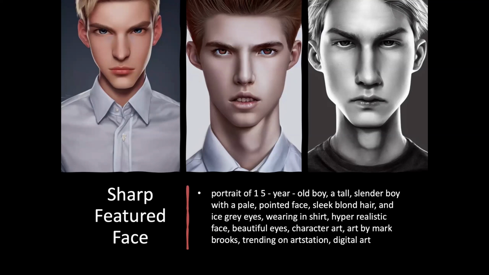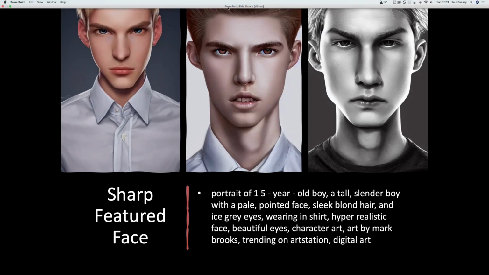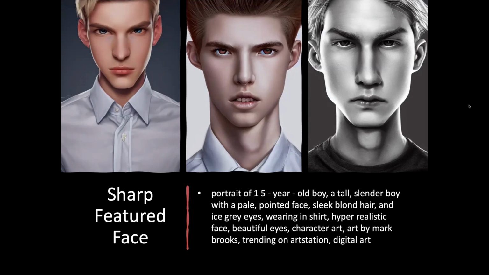So what I did, I used a search engine for generated art called Lexica, and this allowed me to find very quickly some really good examples of, for example, sharp featured faces. And this was the text prompt that was used to generate this particular art. The same prompt was used to create different versions of it.